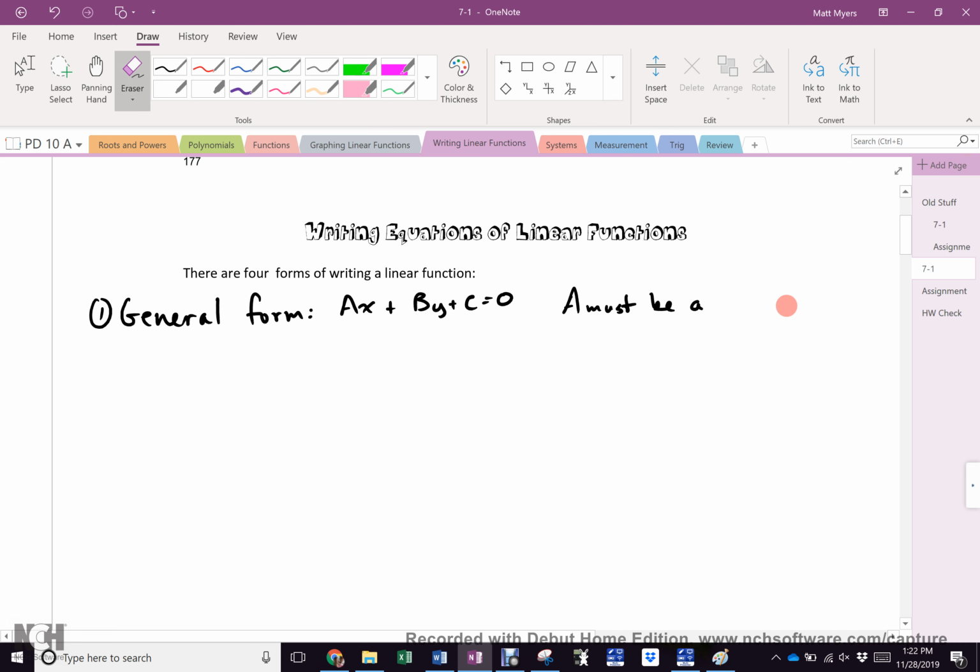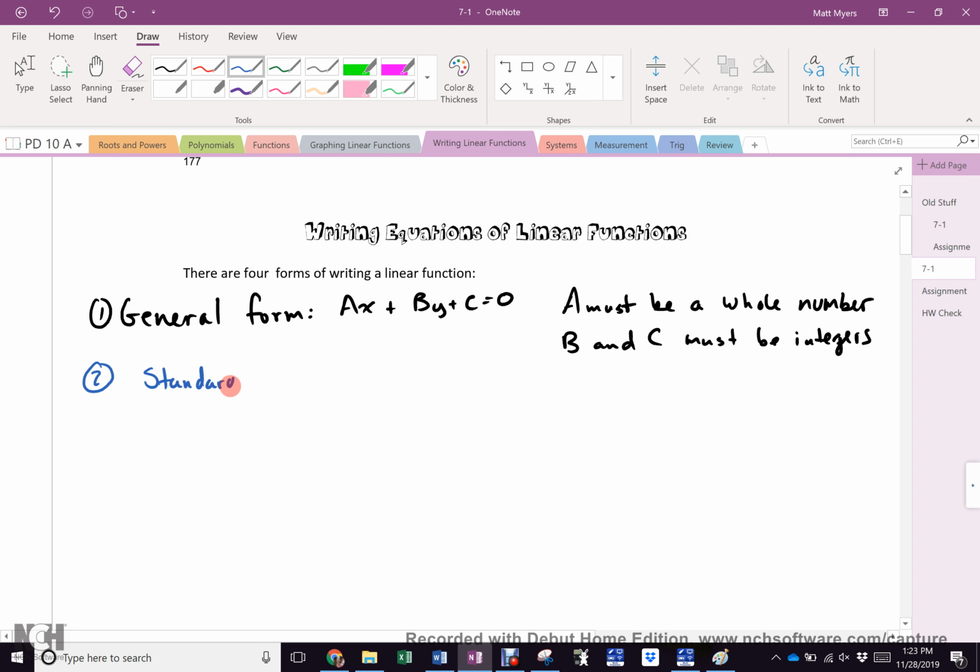It could even be 0. A must be a whole number. B and C must be integers. And then we have his ugly cousin, standard form, which is ax plus by equals c.